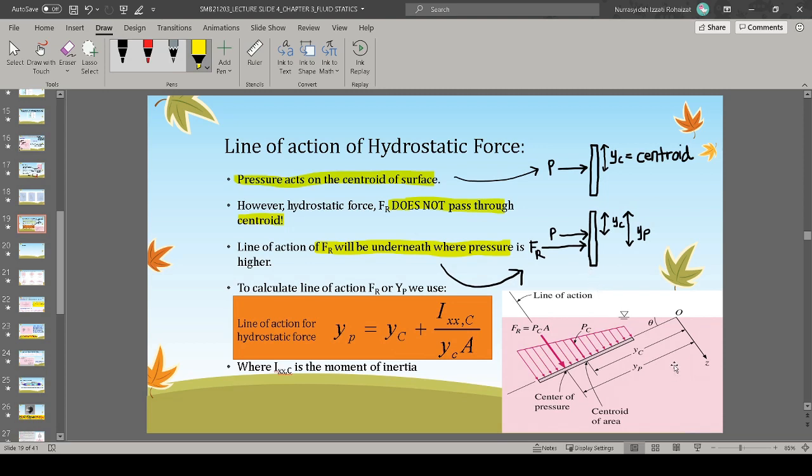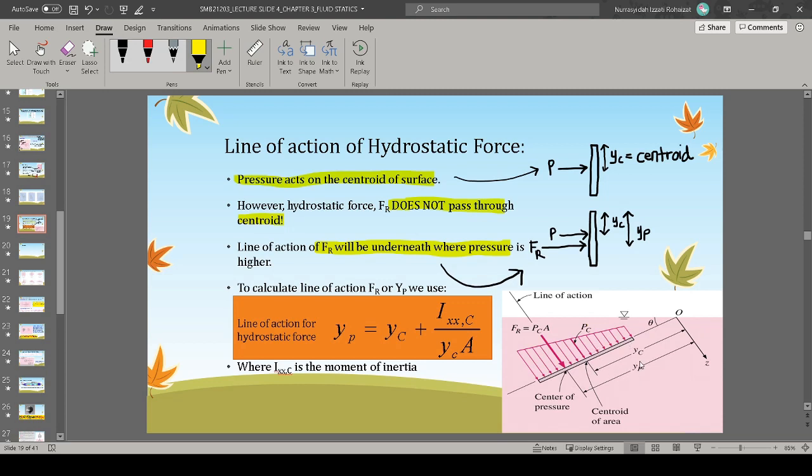Okay, so this is how it looks like. We have our pressure acting on the centroid, and then we have our hydrostatic force acting somewhere slightly below where pressure is acting, which we denote by YP.